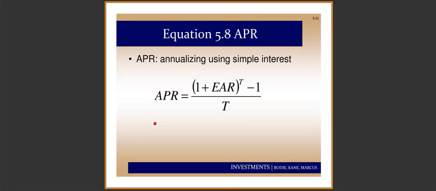I do want you to remember that for annual percentage rate, you're simply going to multiply times 2 if it was a semi-annual rate. If it was quarterly, you'll multiply times 4. If it was monthly, you'd multiply times 12. So no compounding. The effective annual rate, yes, compounding.